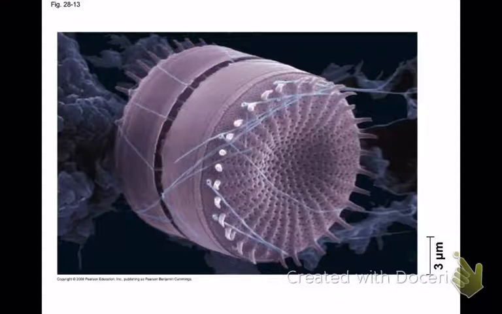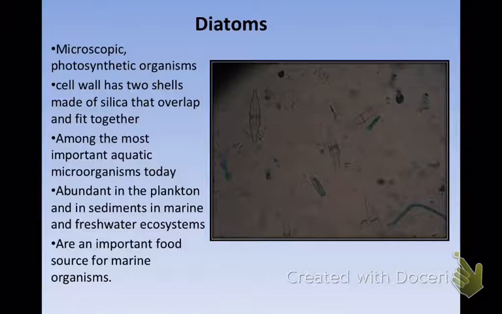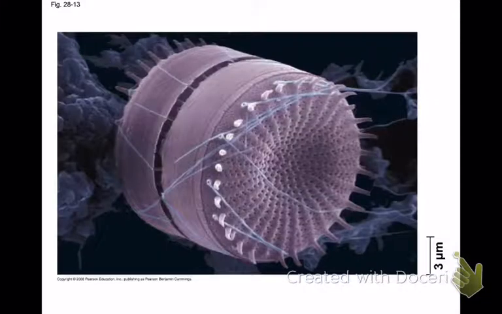Another group in the Chromalveolata are the dinoflagellates, which is diagrammed here. So the dinoflagellates have these cellulose plates or shells, which kind of interlock and interlace.